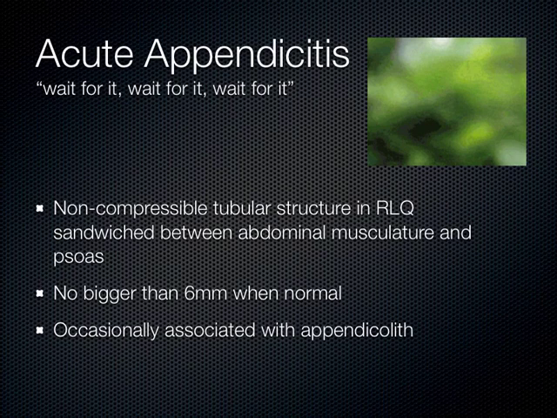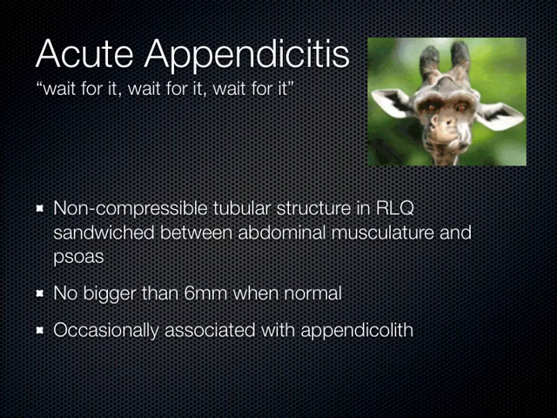Hit freeze, and then you can scroll back and see it again. Or you just keep compressing around, looking for it, and then boom, there it is again, and then it goes away. So there's a lot of art here, and it's very operator dependent. But over time, you find that you do get better with this.